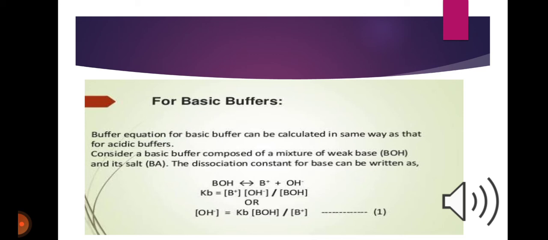The dissociation constant Kb is equal to the concentration of B+ times the concentration of OH- divided by the concentration of BOH. Or you may write the concentration of OH- is equal to Kb times the concentration of BOH divided by the concentration of B+. Consider it as equation 1. It is the dissociation constant for the basic buffers.